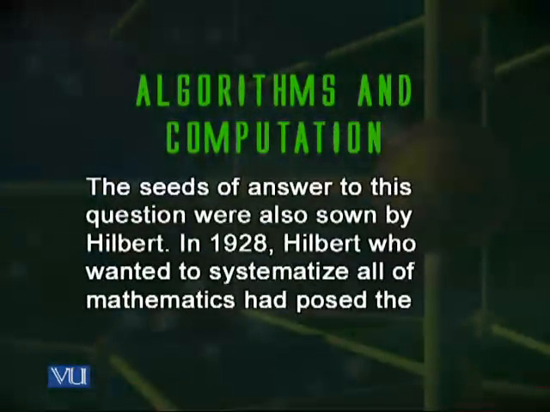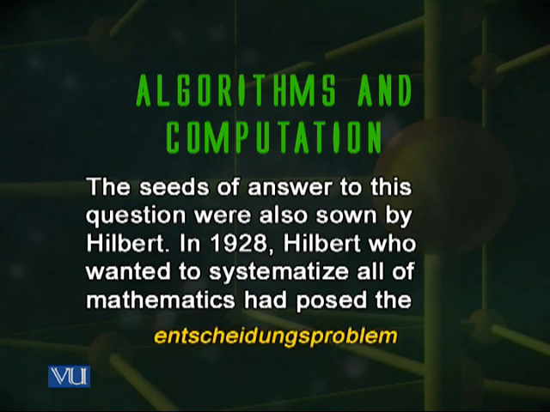Luckily, this was already done before Matiyasevich. In fact, this kind of work was done much earlier, in the 1930s. The seeds of the answer to this question were also sown by Hilbert himself. In 1928, Hilbert wanted to systematize all of mathematics and posed the Entscheidungsproblem. That's a very long name for a problem, but that's what he posed.